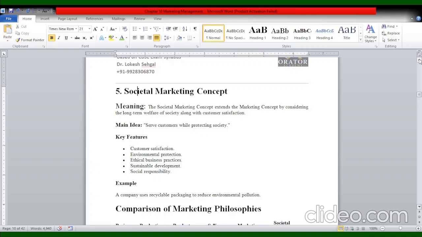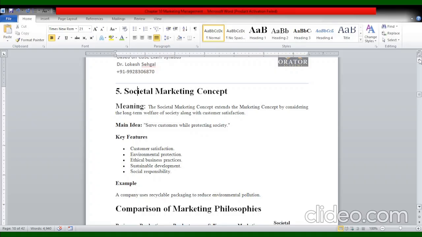Companies offer customers a good product with good performance and good quality, and this product will help the society for a long period of time and increase the welfare of the society. So you are marketing your product while also considering the welfare of society.